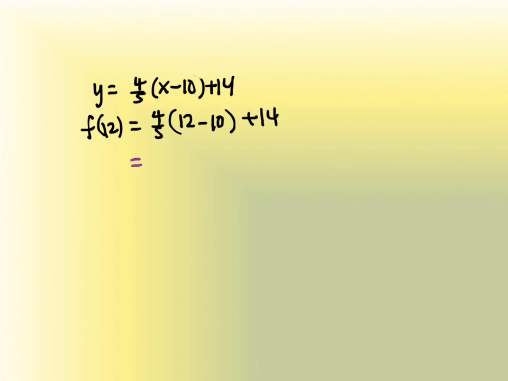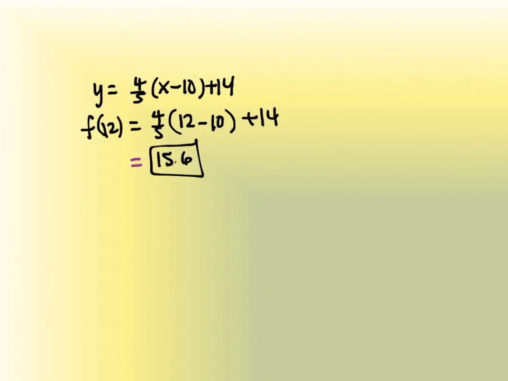I don't need to write it out. What do you get when you take 4/5 times 12 minus 10 plus 14? 78 fifths. Okay, can we write it as a decimal so we can check? It's 15.6. In general, I don't care how you write your answer, in decimal form or fraction form. I just want us to be able to verify looking back, does this answer make sense? Yeah. Why? Because it's between 14 and 18.